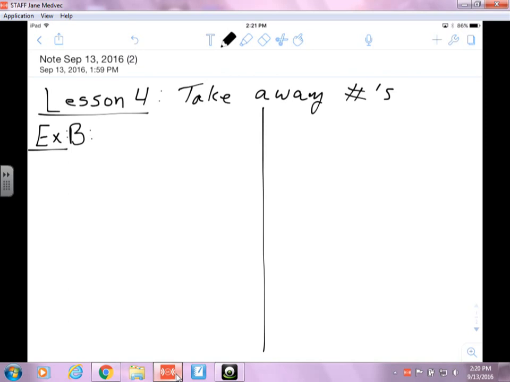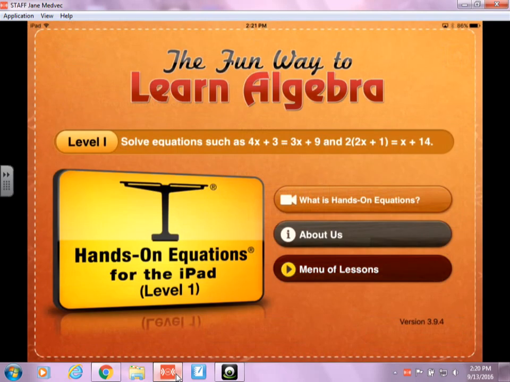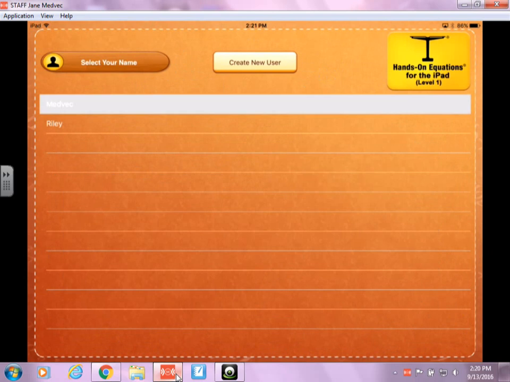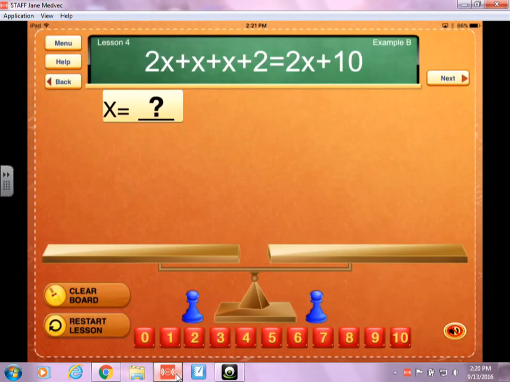So I'm going to go to my app, and it's lesson 4, problem B. So here's the problem you can write down: 2x plus x plus x plus 2 equals 2x plus 10.